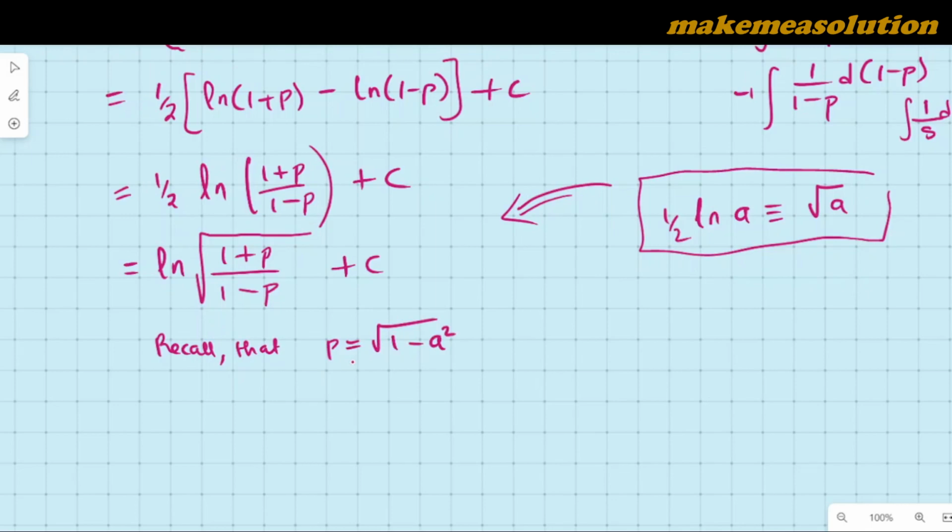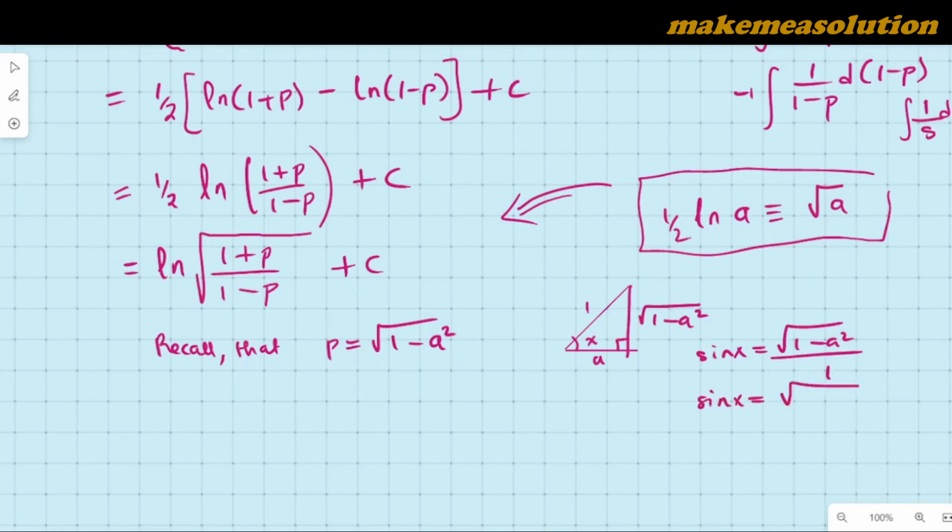So since p was made the square root of 1 minus a squared, invariably, if you go back to our reference right angle triangle, you discover that here was a and here was x, here was 1, and this side is square root of 1 minus a squared. Now if you take sine x, you're going to get square root of 1 minus a squared over 1. So invariably sine x is actually the square root of 1 minus a squared, and this is equal to what we have as p from all our substitutions.